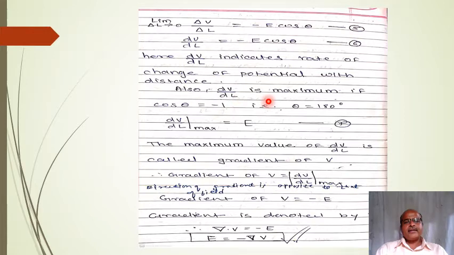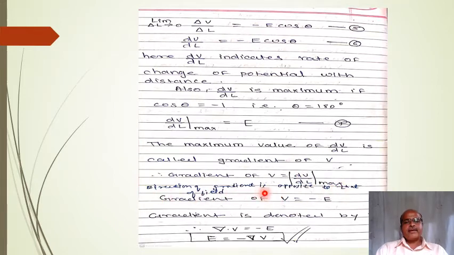Also, dV by dl is maximum if cos theta is equal to minus 1, and cos theta is minus 1 when theta is equal to 180 degrees. Therefore, dV by dl max is equal to E. The maximum value of dV by dl is called the gradient of phi. So gradient of phi is equal to dV by dl max.